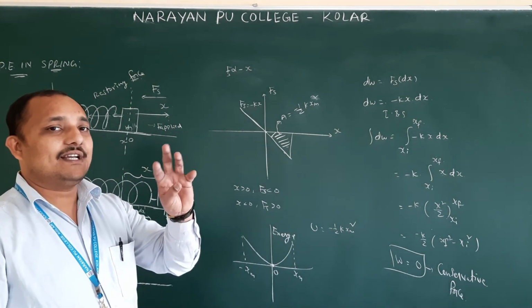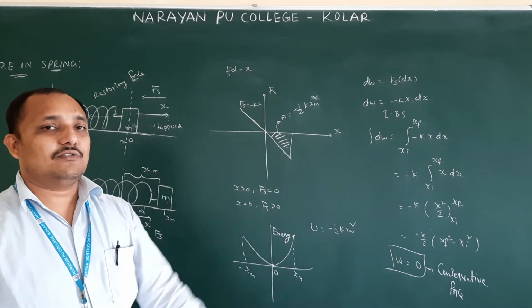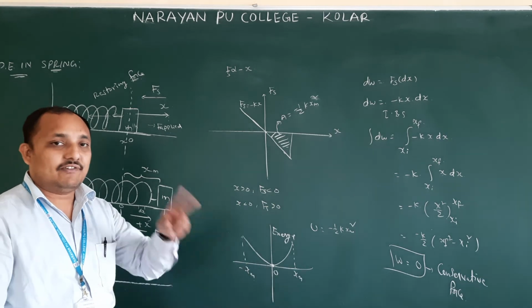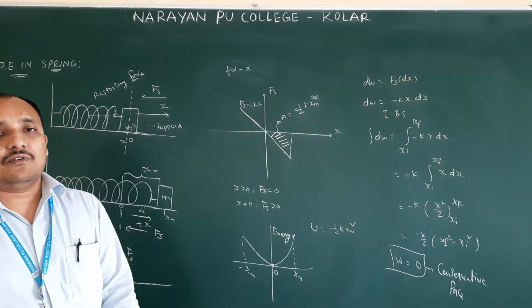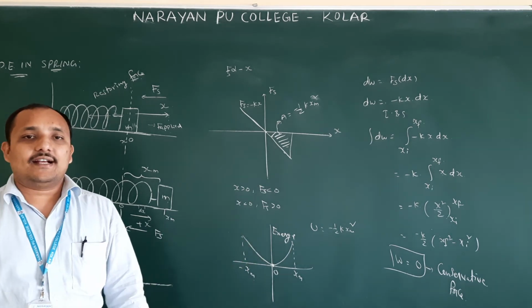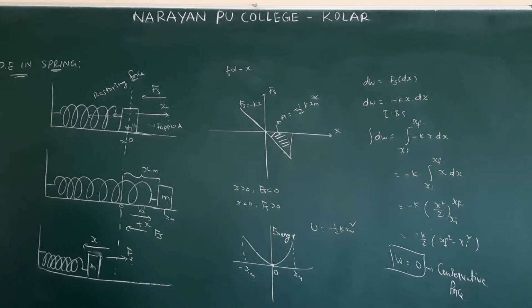So what is going to happen if a force is said to be conservative? What is going to happen if a force is said to be non-conservative? And what are the examples? Very, very important for 2 marks. They will ask you to define conservative and non-conservative force, or give an example for conservative and non-conservative force. Now we will see that.